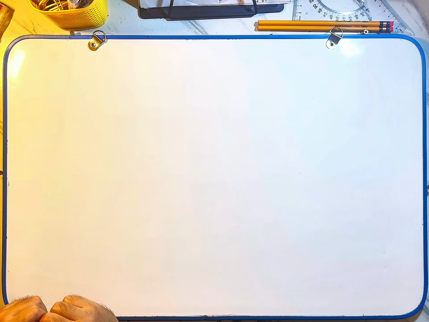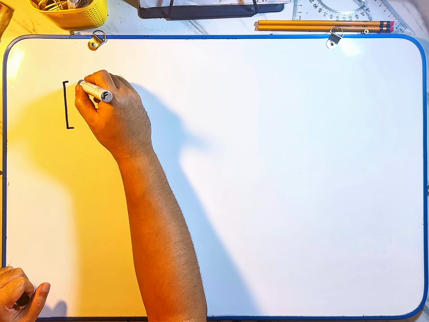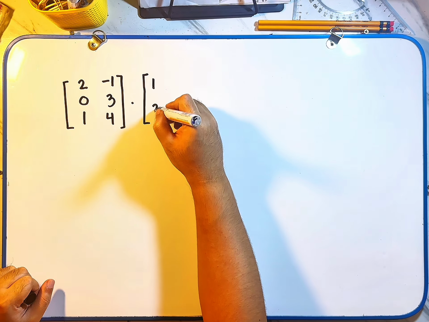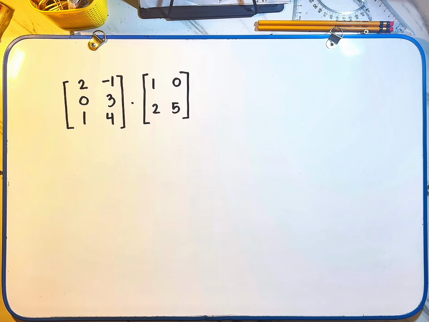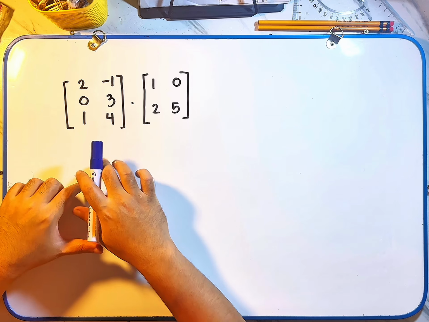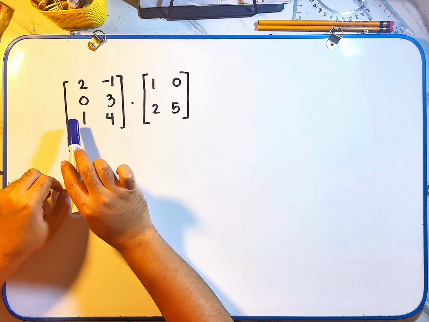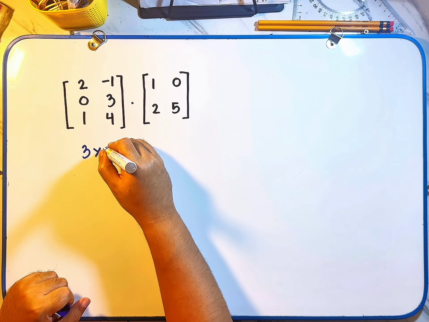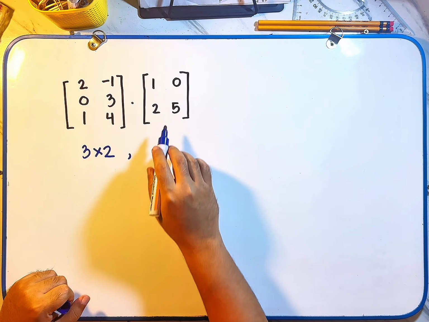Next, let me write the problem. Okay, before we start multiplying, let's analyze the orders. For the first matrix, we have 3 rows and 2 columns. So this is a 3 by 2 matrix. How about the second one?